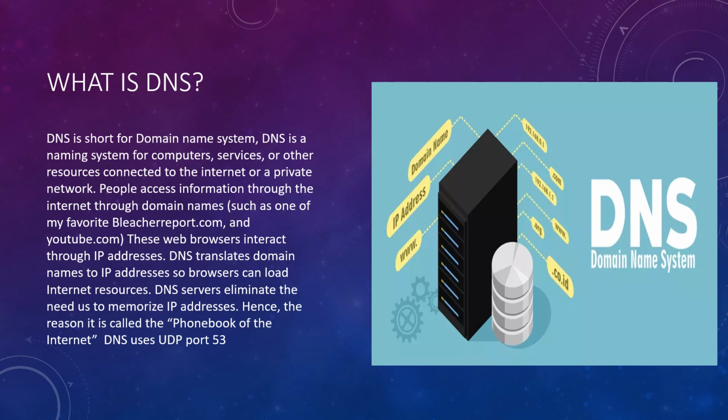We can just type in regular website names, .com or .net or whatever, instead of putting in an IP address like 192.168.2.whatever. This is why it's called the phone book of the internet. And by default, it uses UDP port 53 because it's faster than the other ones. Pretty fast.